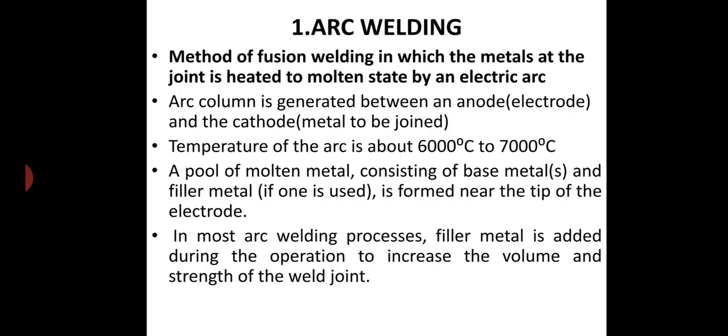Normally in arc welding processes, a filler material is added so that you can increase the volume and strength of the weld joint. You can use filler materials with much better properties, where it can be fused, where new material can be introduced, and the alloy can improve the weld quality.